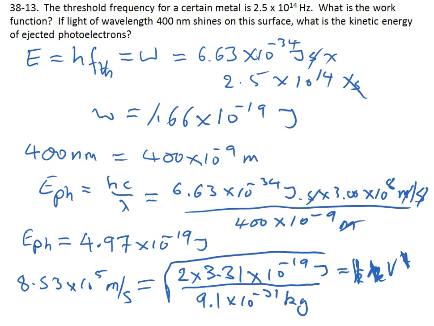And as always, let's highlight our final answers for the ease of the marker. So that's velocity, and we were also asked to calculate the work function. Well, that was a hint as an intermediate step to get the velocity.